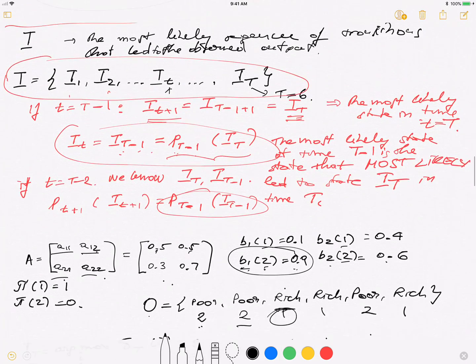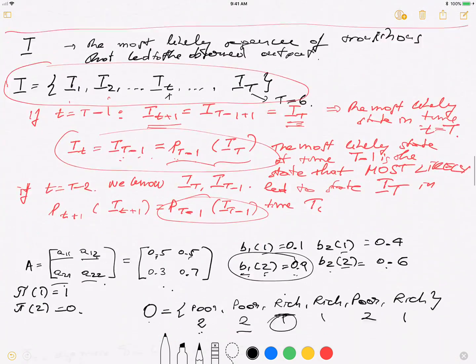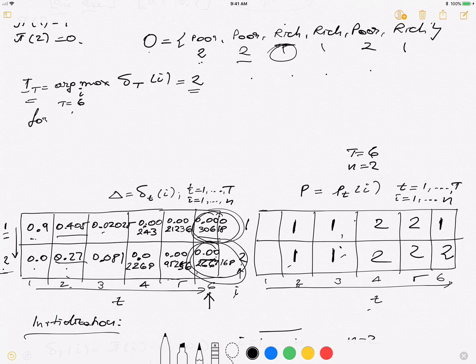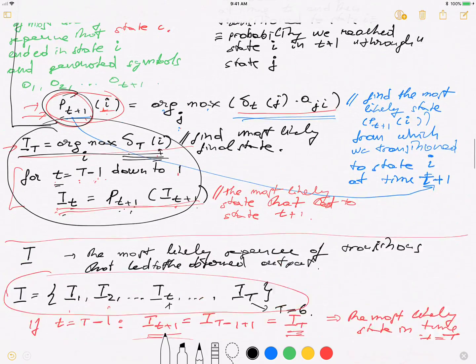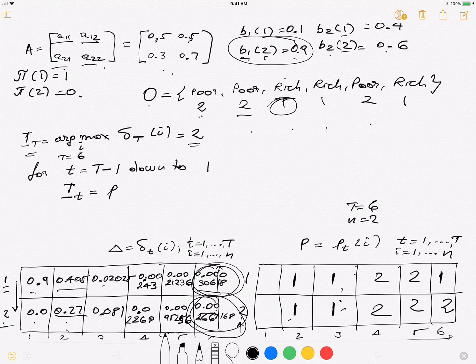And now I need to do the loop. This is the loop. For t goes from T minus 1 down to 1, look at this. It says it is psi t plus 1 of i t plus 1. What does it mean? It was 2. Now t goes from T minus 1 to 1. First starts t equals 5. It will be I5, which will be P6 of I6.